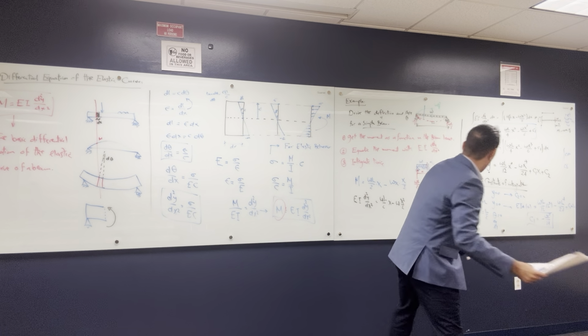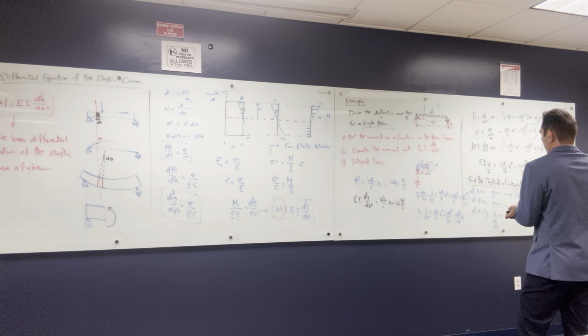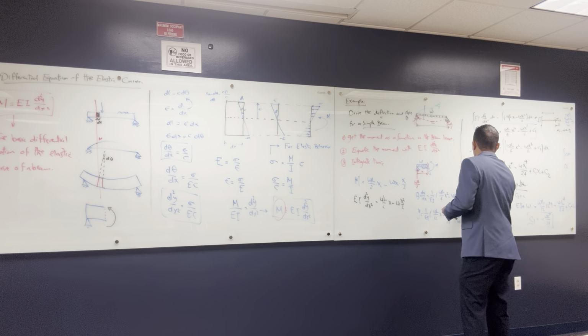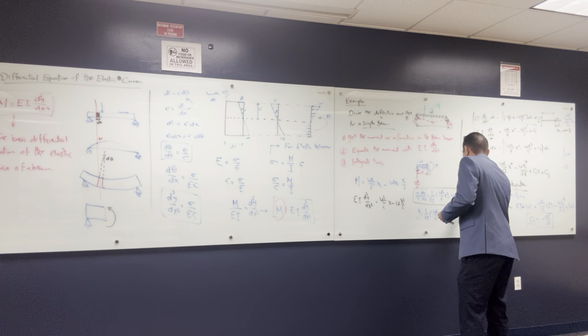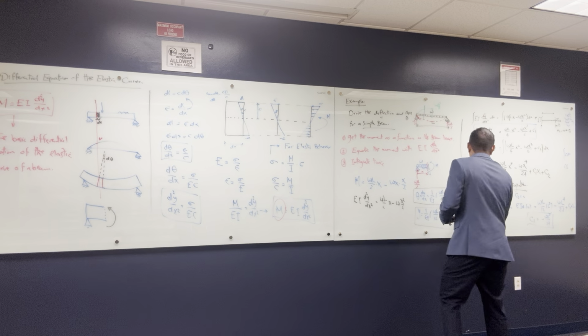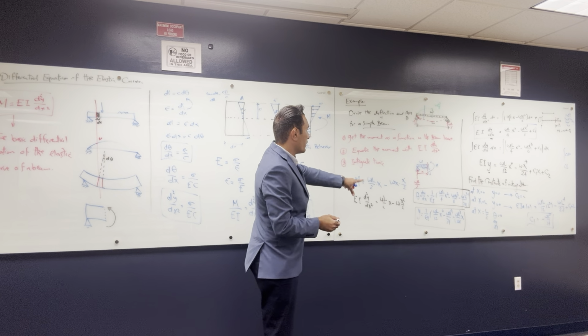Okay, so these are the two equations that I'm interested in. Let me box them here so that you don't get confused. That's theta and that is y. Because I don't have space, so I write them here, but that's what we are looking for.